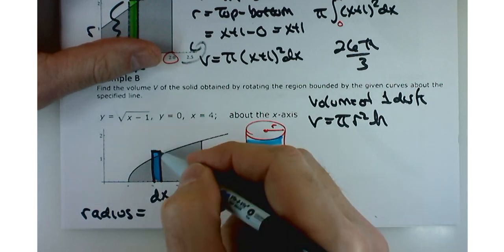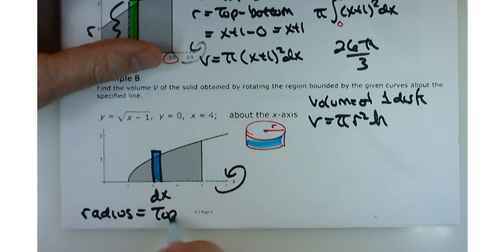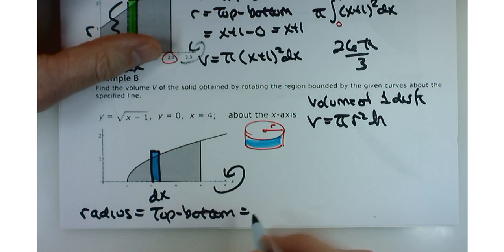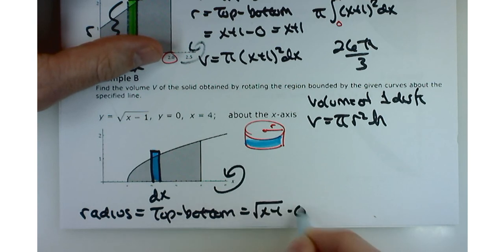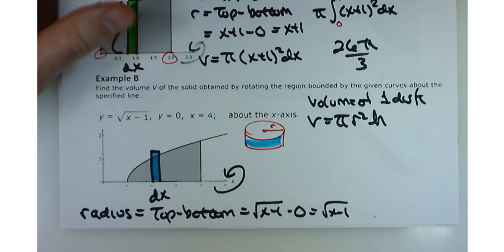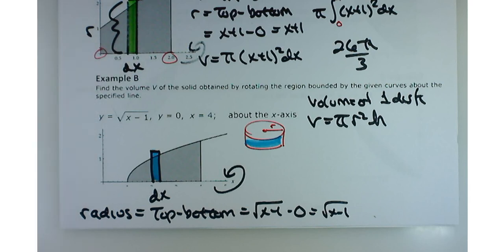Well, that's again going to be top minus bottom. Which in this particular case, the top function is the square root of x minus 1. The bottom function is 0. So it's just the square root of x minus 1. That's your radius. There's something rather convenient about that.